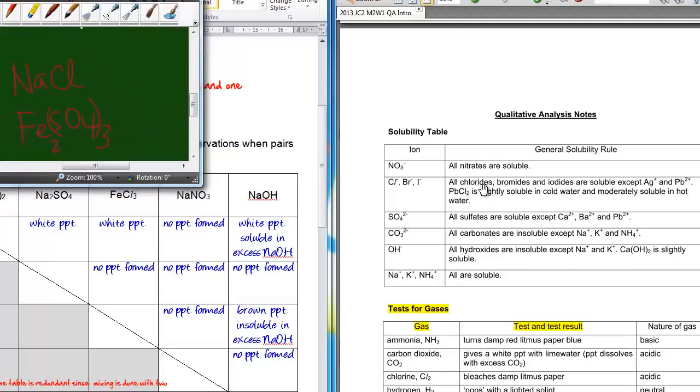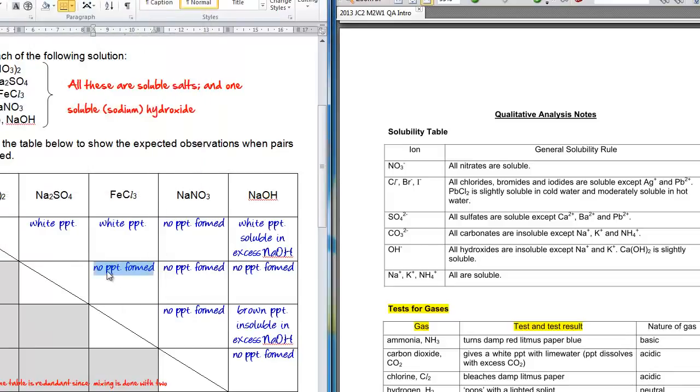It says all chlorides are soluble except for Ag+ and Pb2+, so over here I will have no PPT. And for sulfates, all sulfates are soluble except for those exceptions, so I get no PPT either. So for both salts, I don't get a PPT. In this case, I would write no PPT here in this box.